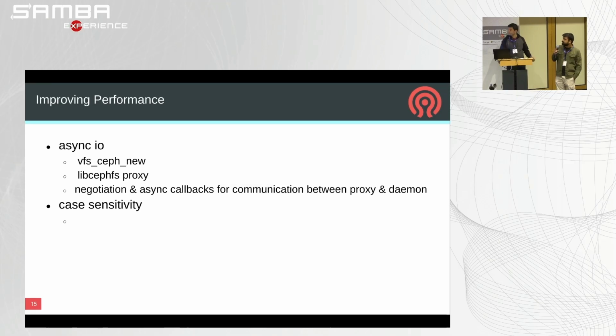And also in the proxy, we have been adding some async callbacks, basically to improve the communication between the proxy daemon and the proxy library. And yeah, the recent case sensitivity feature, which has already been talked about, we are under the impression that it improves the performance as well for the proxy.